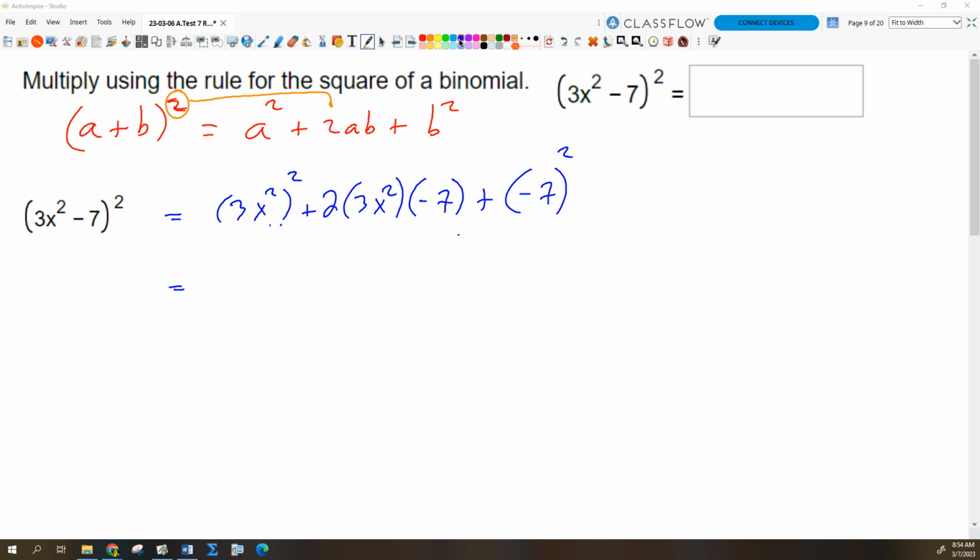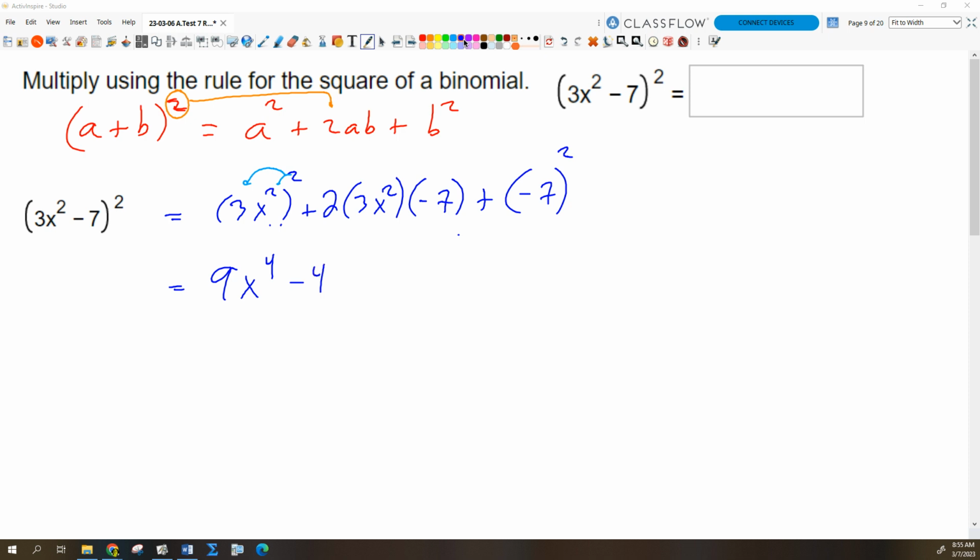What's that going to give me, Mackenzie? If I square out that first term, what am I going to get? There you go, 9x to the 4th. Good, because remember, I have to square out both the 3 and the x squared. Good job. Okay, what's the middle one going to be? Plus 2 times 3x squared times negative 7. 2 times 3 is 6. 6 times 7 is what? 42.